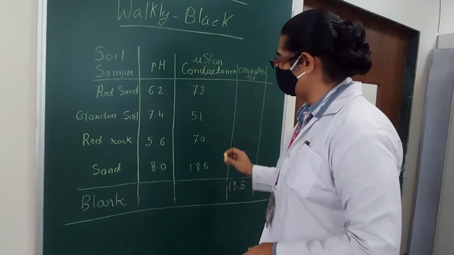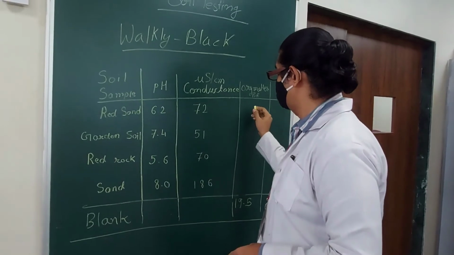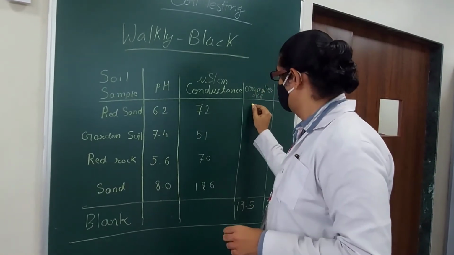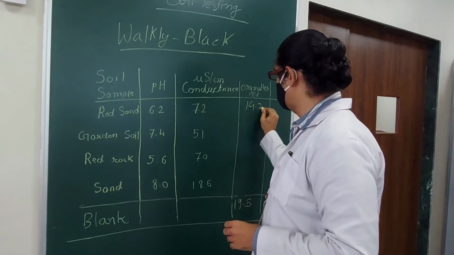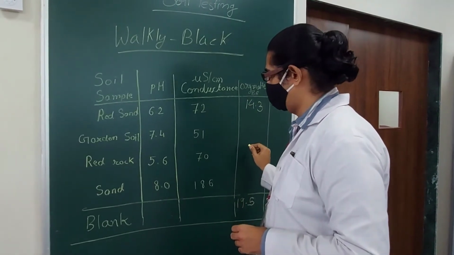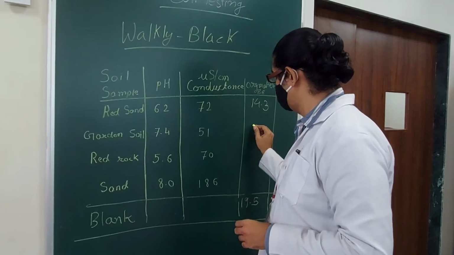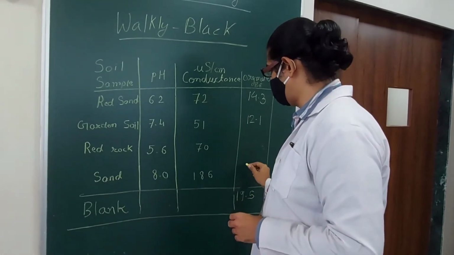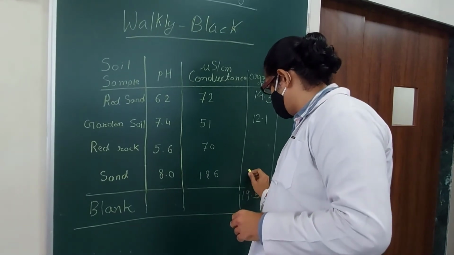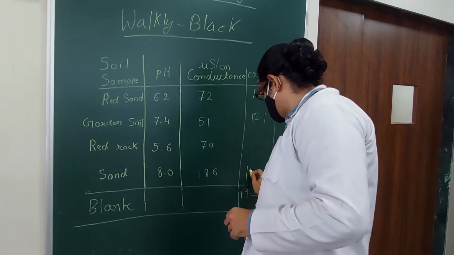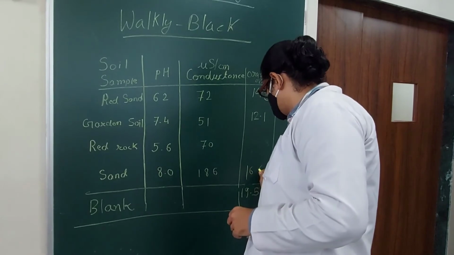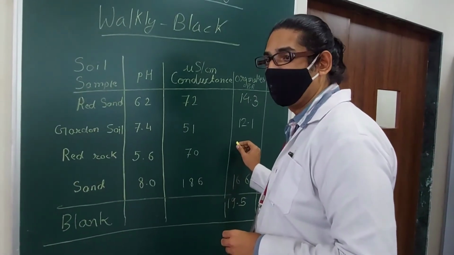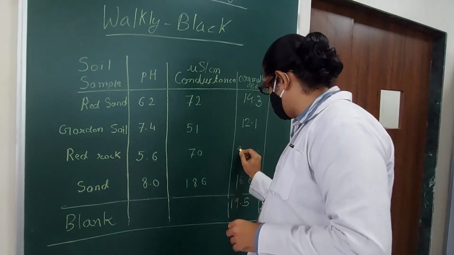And then for the red sand, 14.3. Garden soil, 12.1. For the sand, 16.6. And red rock, 23.5.